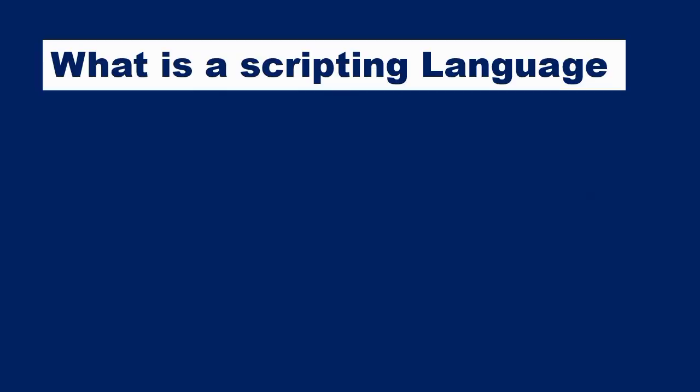A scripting or script language is a programming language that supports scripts. They are also called high-level languages because they have been developed to be a little like a human language.